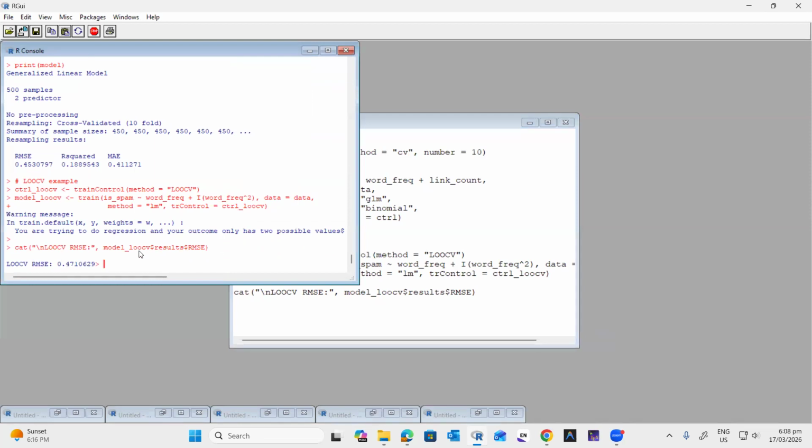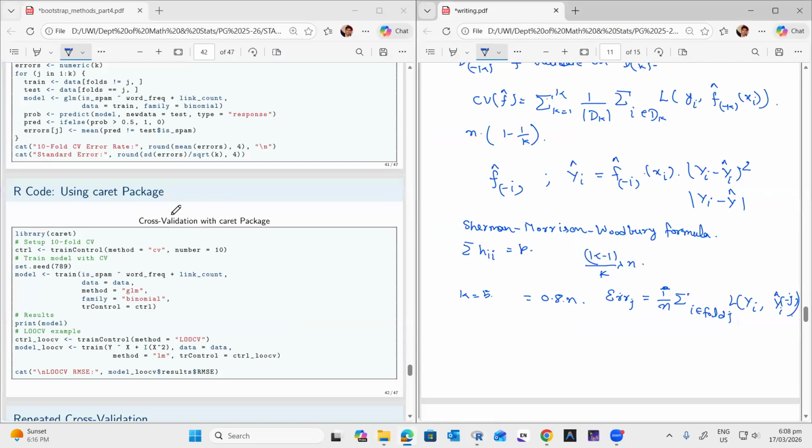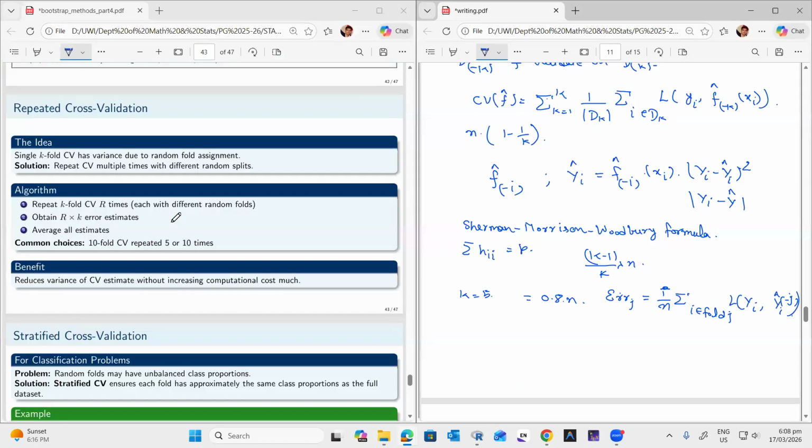Okay, so this is the LOOCV RMSE of the LOOCV method. All right, so these are your cross validation methods.